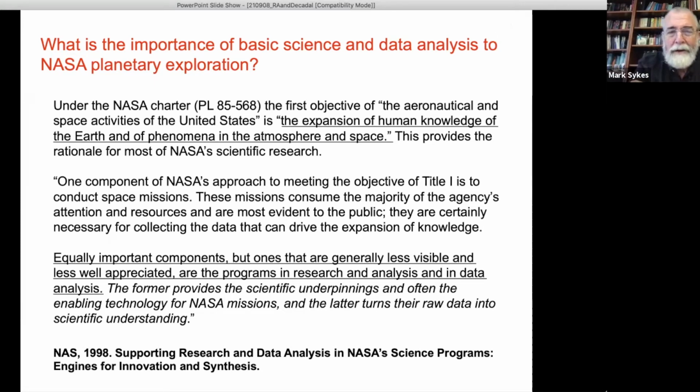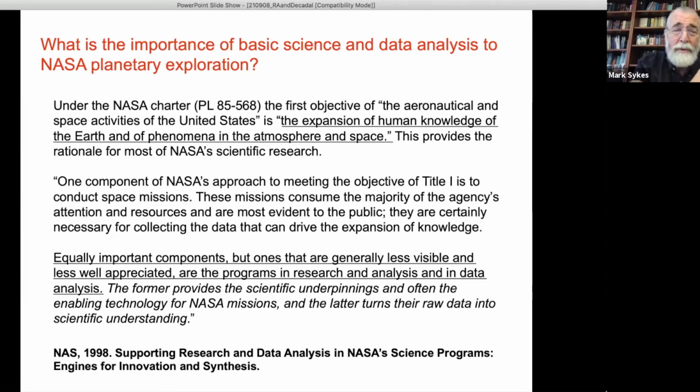I have some quotes from this 1998 Academy report on research and data analysis. They point out that under the NASA charter, the first objective of the aeronautical and space activities of the United States is to expand human knowledge of the Earth and the phenomena in the atmosphere and space, which provide the rationale for most of NASA scientific research.